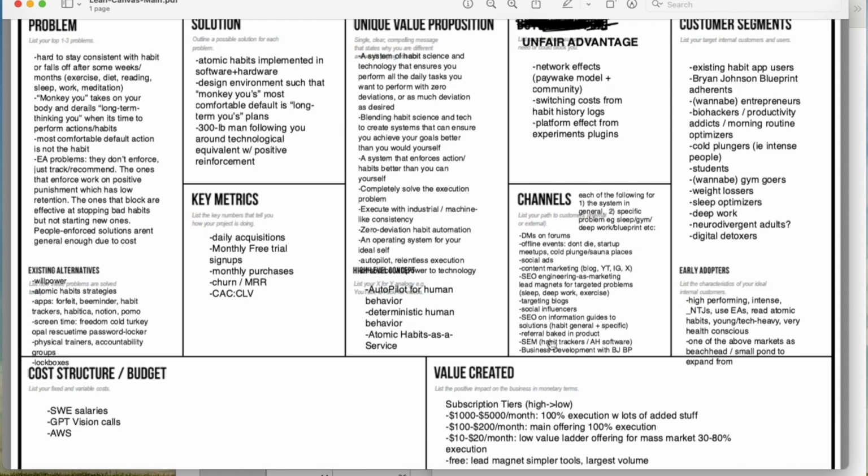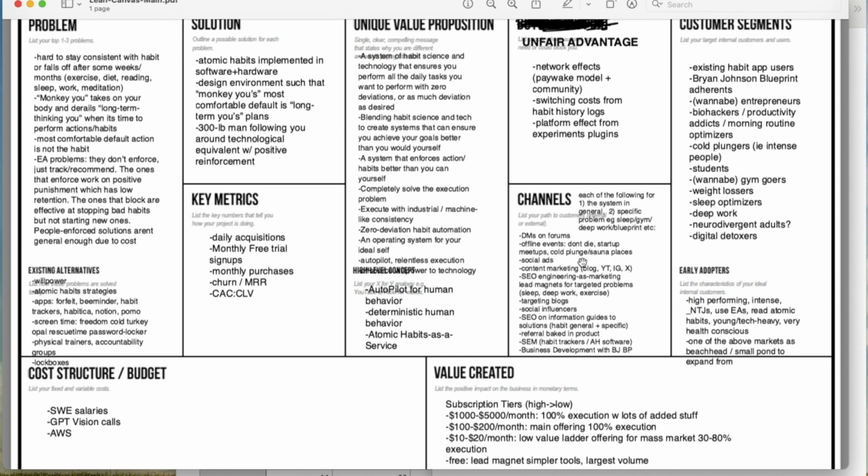And I order this from what I would probably be starting with all the way to the most scalable kind of thing. So just DMs on forums, there's offline events like going to Don't Die events and startup meetups for entrepreneurs, and just going to a sauna place or a cold plunge place and talking to people there. Offline events are probably the best because you can basically guarantee customer conversations instantly.